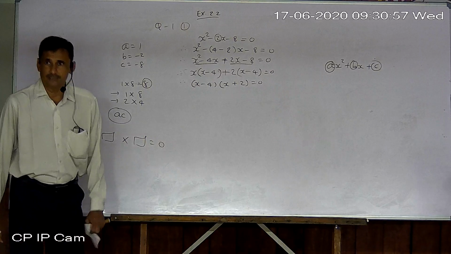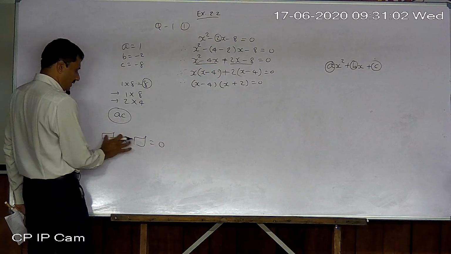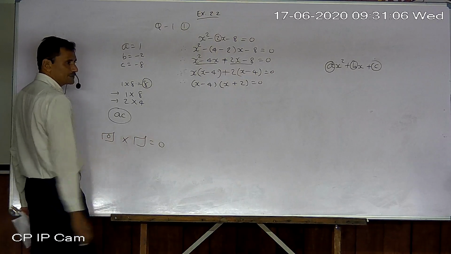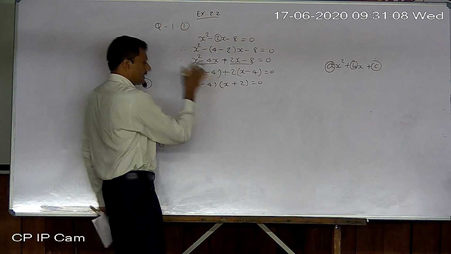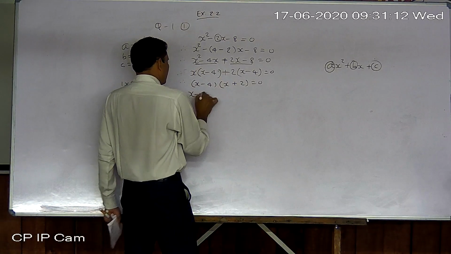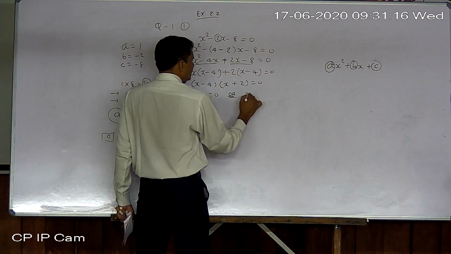Product means multiplication. You must place 0 in any one box, otherwise not possible. So either the first or the second, we don't know. Turn by turn we write either the first one equal to 0 or the second one equal to 0.